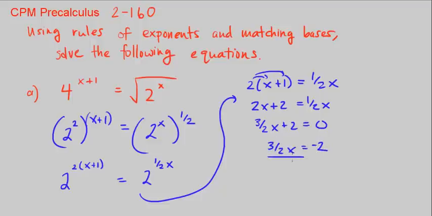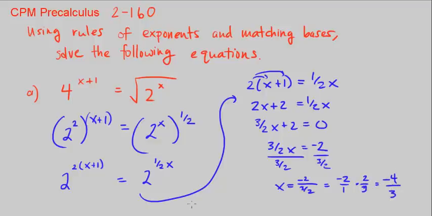Divide both sides by 3/2. So x is equal to negative 2 over 3/2. And we know that's the same thing as negative 2 over 1, right? Times the reciprocal of that, 2/3, which is negative 4 over 3.